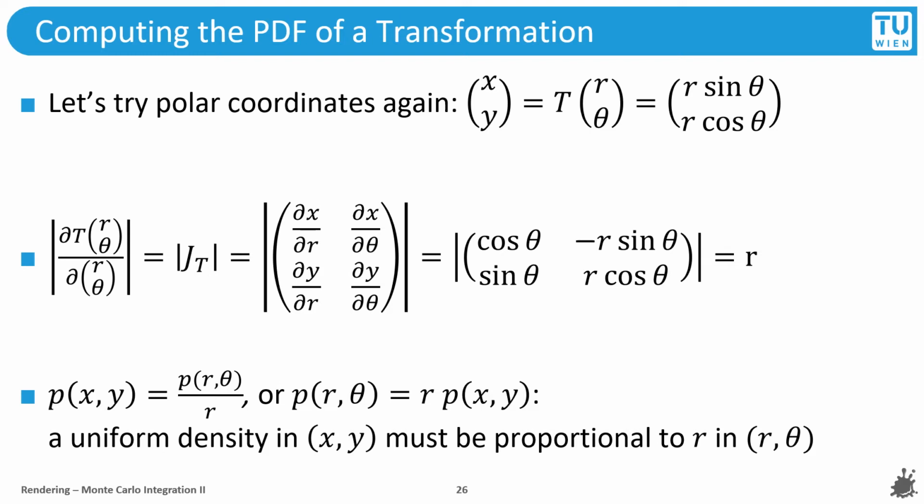So we have equality, the PDF of x and y is equal to the PDF of r theta over r, or p of r theta is equal to r times p of x and y. What this tells us is a uniform density distribution in Cartesian coordinates x and y must be proportional to r in polar coordinates r theta.